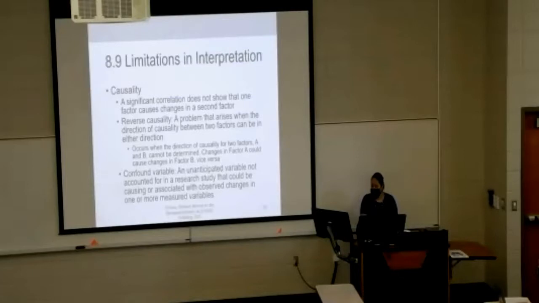So let's talk about some of the limitations when it comes to interpreting all of this data. We talked about what correlations are, how do we measure the strength of a correlation, how exactly do we know the direction of a correlation.